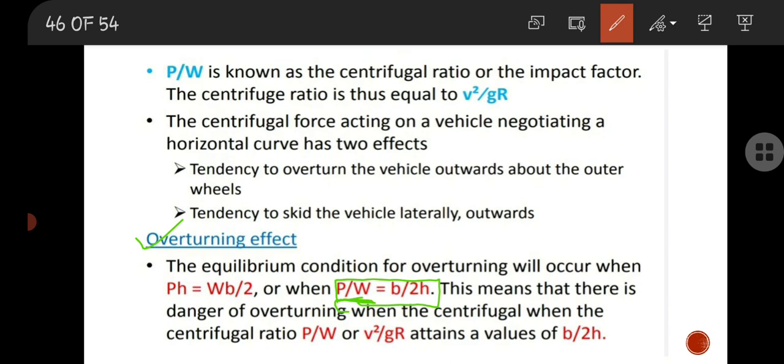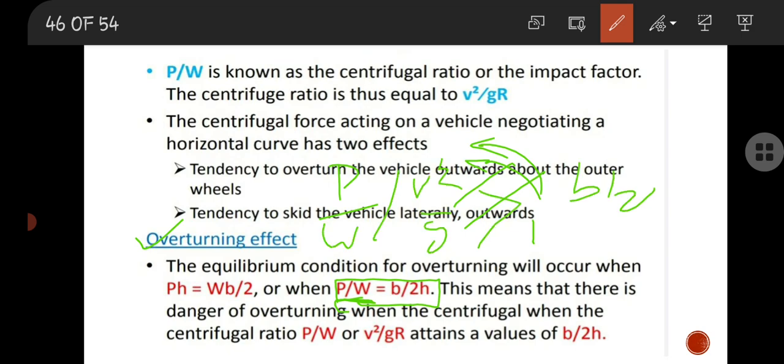That means the vehicle will not overturn on the turning. If P by W or V square by GR is more than V by 2H, in that case the vehicle will overturn.